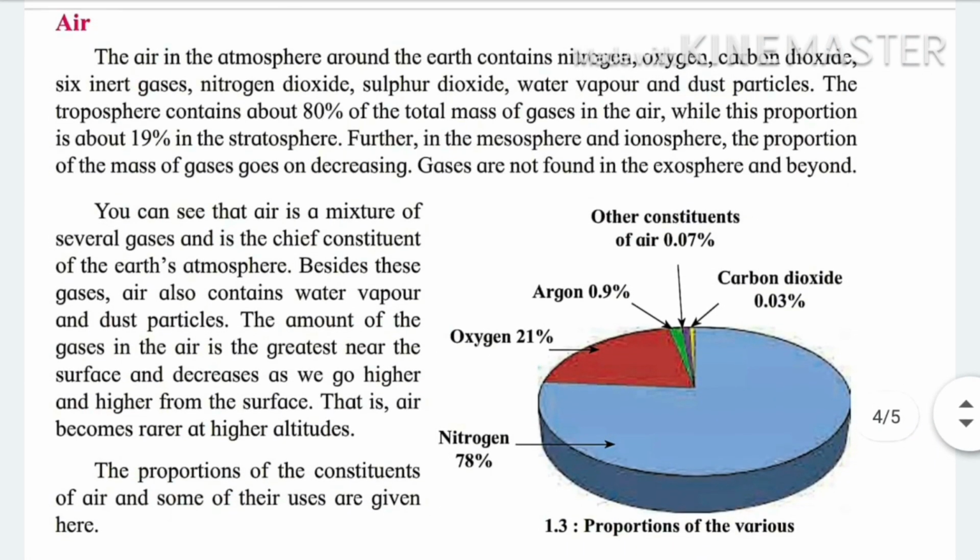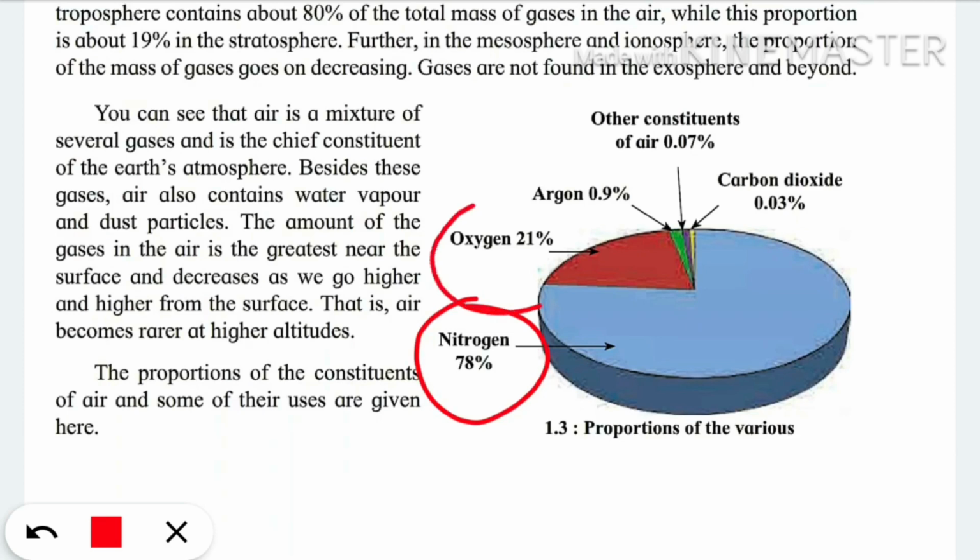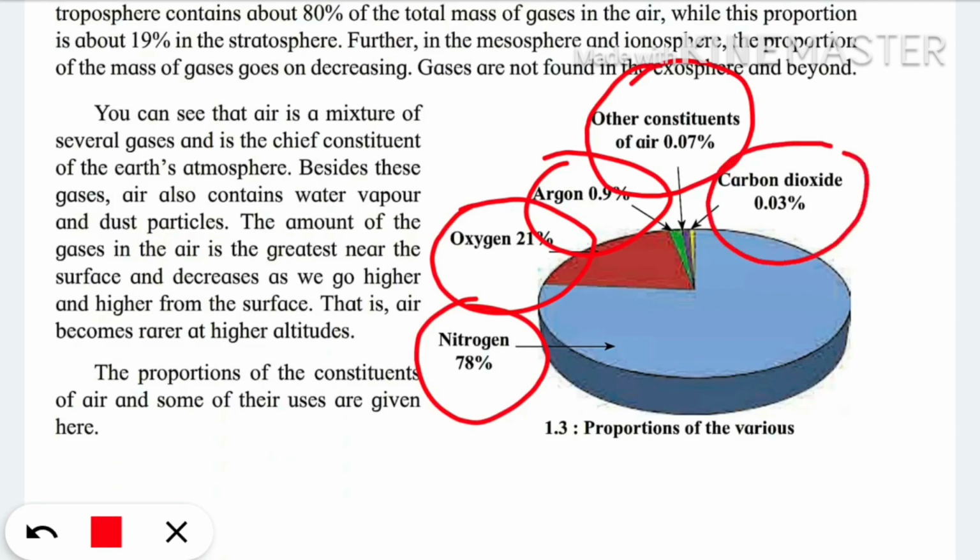Now we are going to our next part, that is air. The air in the atmosphere around the earth contains nitrogen, oxygen, carbon dioxide, and 6 other inert gases. Here, the proportion of nitrogen is 78%. You can see in the diagram, the proportion of oxygen is 21%, argon is 0.9%, other constituents of air 0.07%, and carbon dioxide is 0.03%.